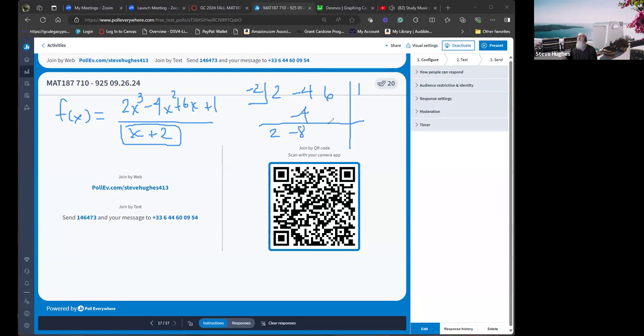Negative 2 times negative 8 is positive 16. That is positive 22. And you don't have to worry about the rest of it. This is my parabola right here. That is the graph y equals 2x squared minus 8x plus 22. That is your asymptote right there.